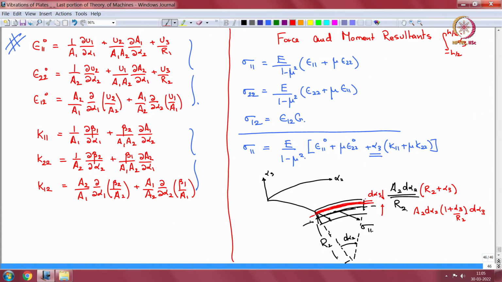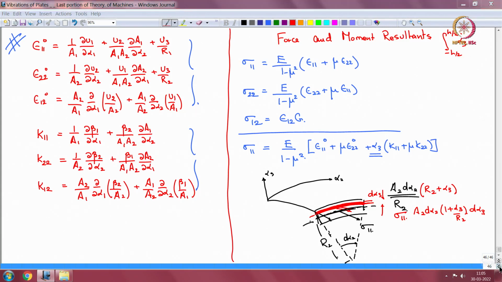Okay. So, now if I multiply by the normal stress, then that is a force over this elemental area. Okay.